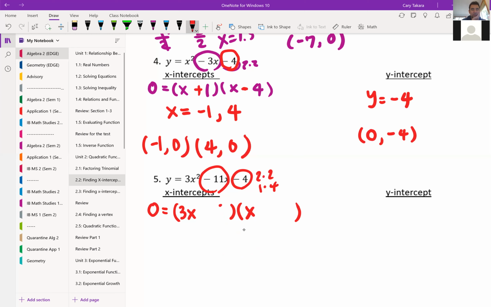So I'm going to do 1 and 4. Now I think we are going to get 11. 1x, 12x. Can't you create negative 11? How do you create negative 11?